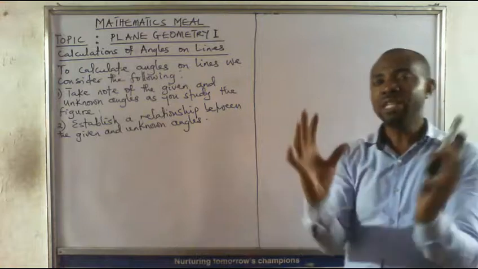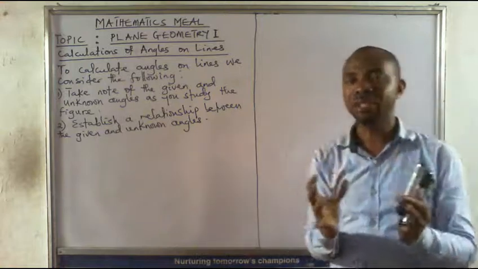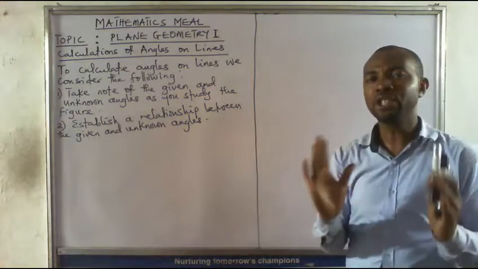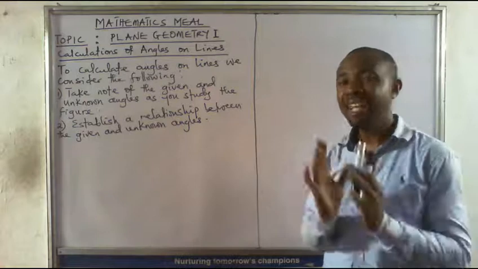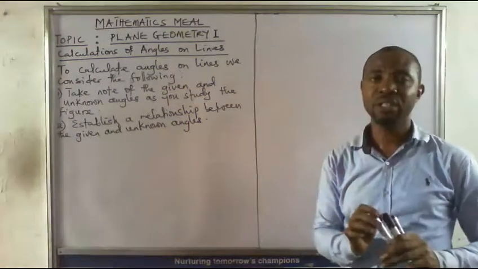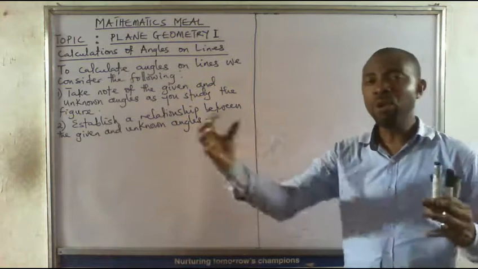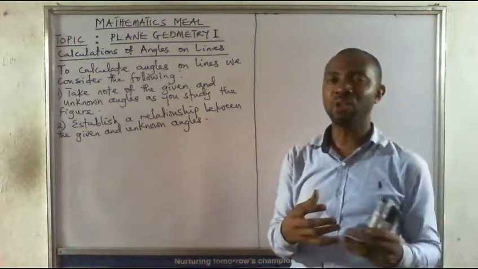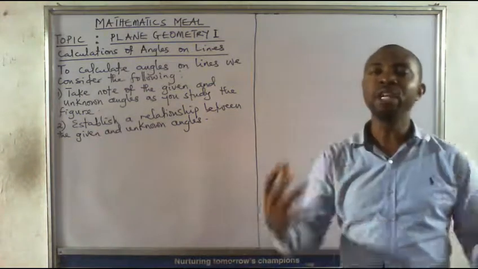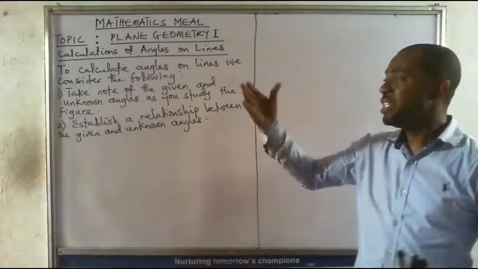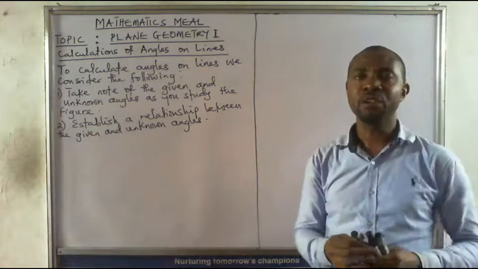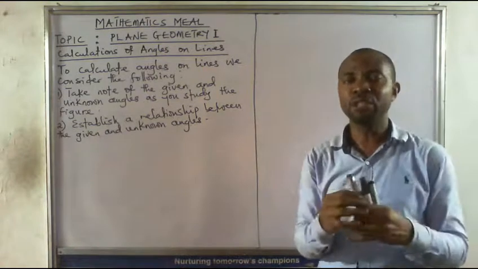Now, these relationships that I just mentioned are the only relationships that concern lines and the what? And angles. So anytime we want to carry out a calculation, we must connect the known angle or the given angle with the unknown angle using any of those relationships. You must link them using any of those relationships.